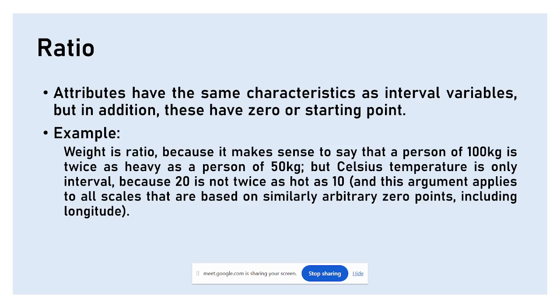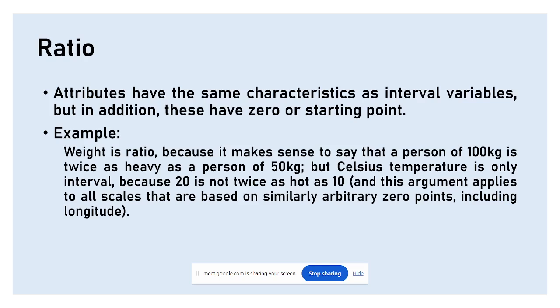Okay. So here, let's say weight is the ratio, because it makes sense to say that a person of 100 kg is twice as heavy as a person of 50 kg. That is understandable, right? 50 kg, 100 is like twice of that.